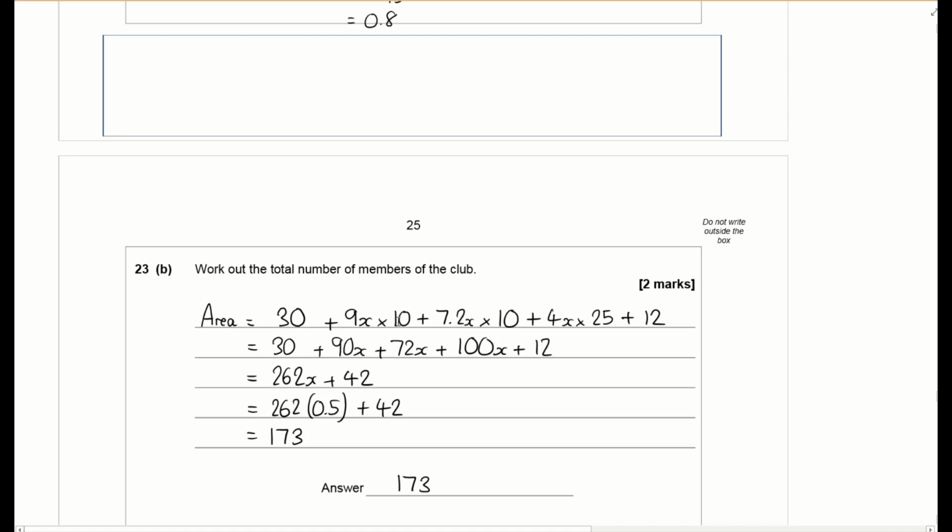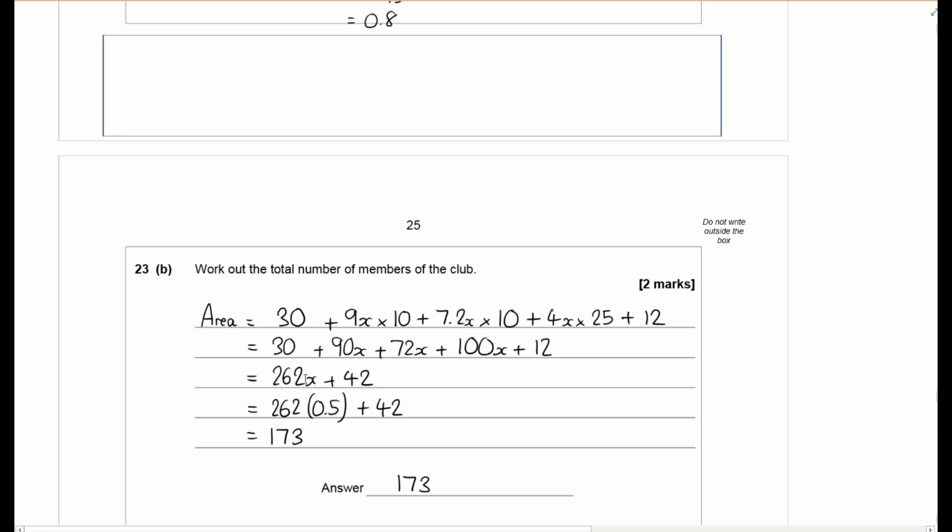So of course 9 times 10 is 90, 7.2 times 10 is 72, 4 times 25 is 100, and then we've also got the additional 12 there. 90x plus 72x plus 100x is 262x, and 30 plus 12 is 42.